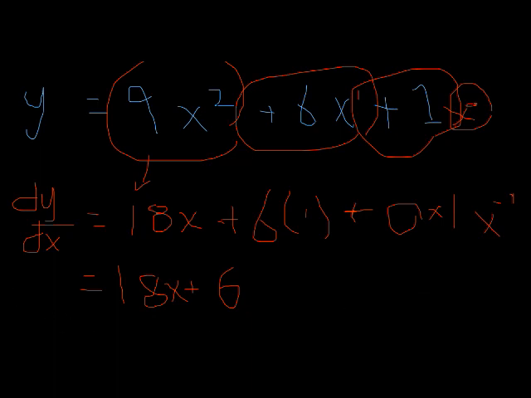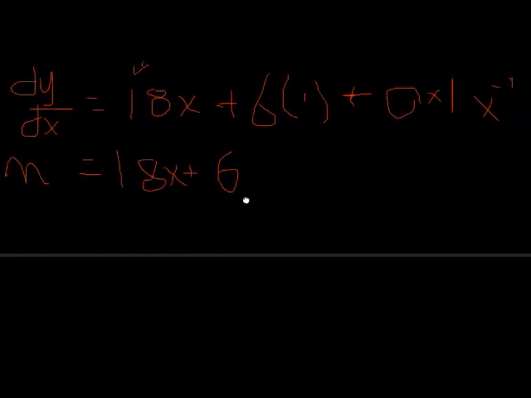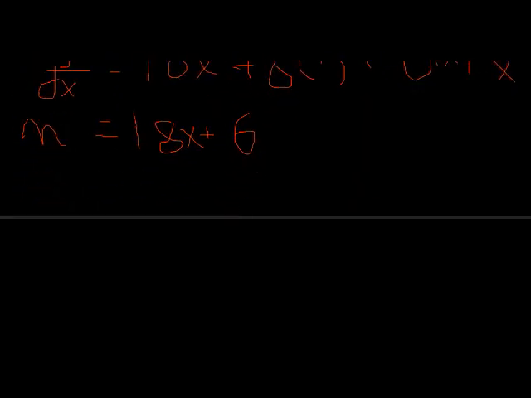Now we have found the equation of the gradient, which is 18x plus 6. Now let's say the question says to find the gradient of this graph at point x is equal to 3.